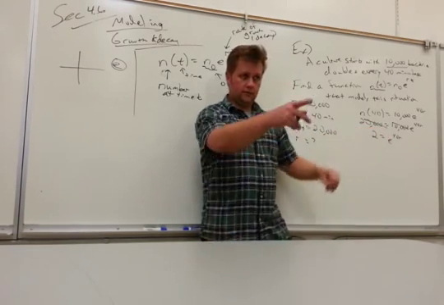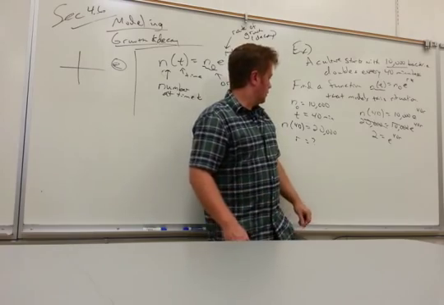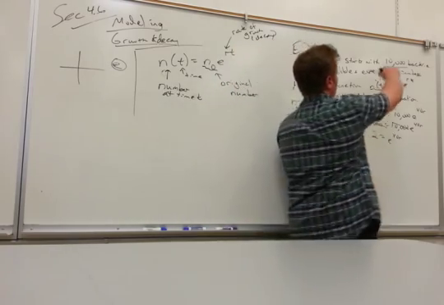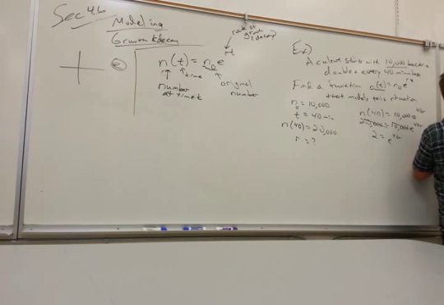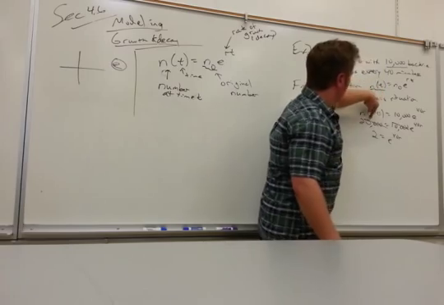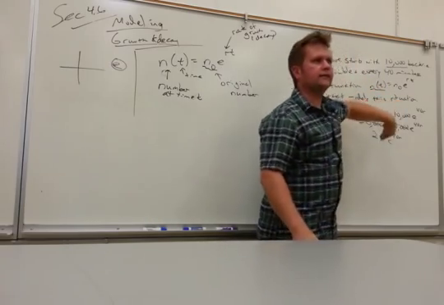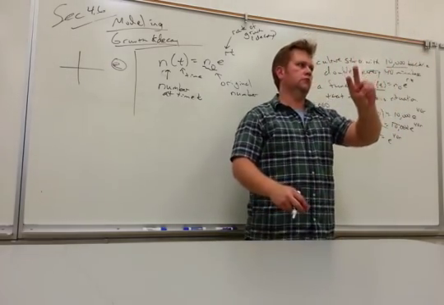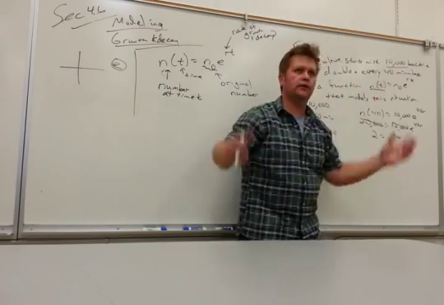In general, if it doubles every 40 minutes, then n of 40 will be twice n naught. So then I can just put 2 n naught equals n naught. The n naughts cancel and end up with 2. If they say it triples in 40 minutes, the same idea, I end up with 3.